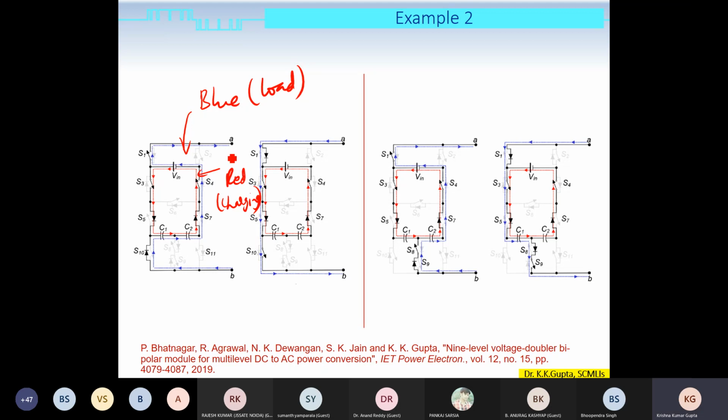If you follow the blue path and apply KVL here, you see that the voltage here is 0 volts. I'll explain how. But more importantly, I have a path which is being used to charge the capacitors. Now, I had discussed what happens when I have a capacitor in parallel with the source, right? The charging currents will be very large.